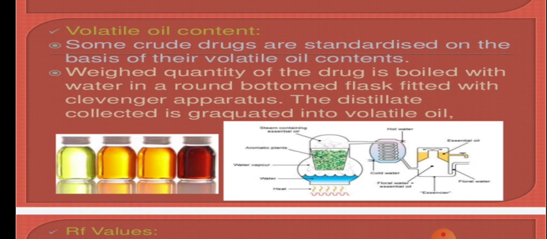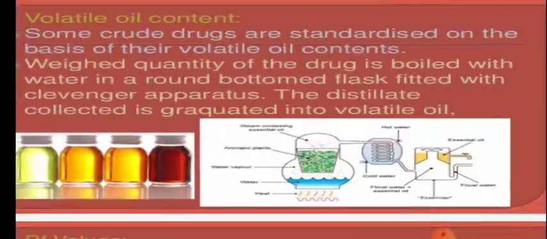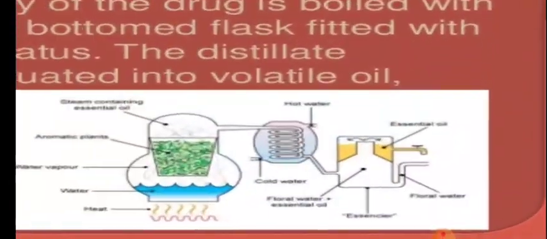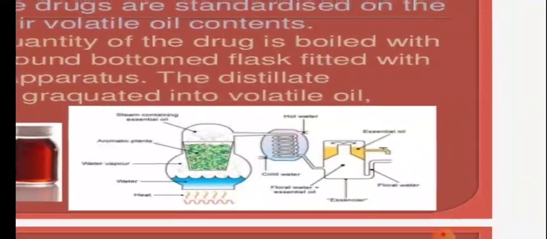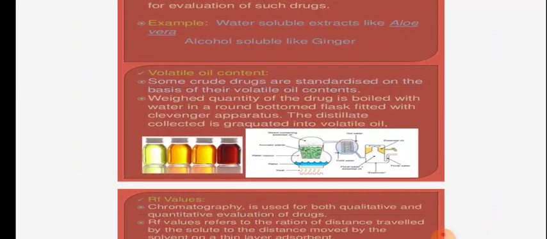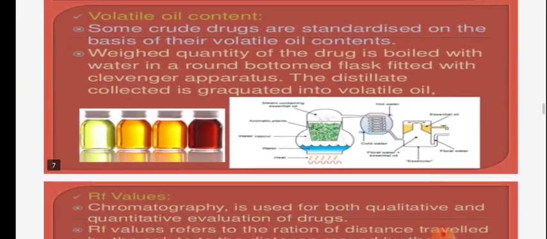Here you are observing the proper distillation method. The oil is separated from this. You see this is the distillation unit. The condenser is there for the collection of the volatile oil.